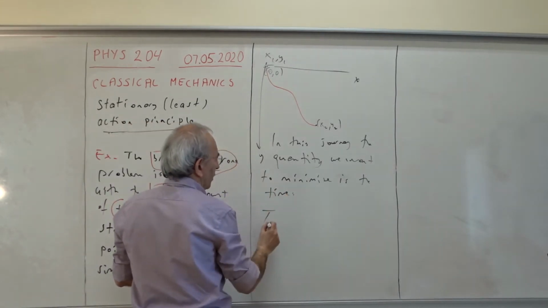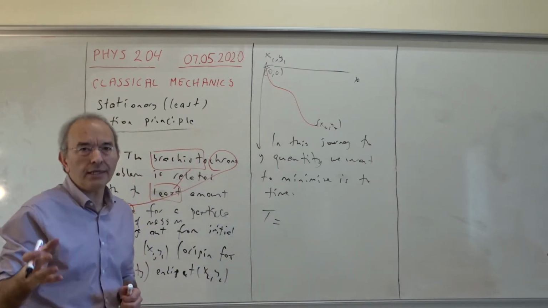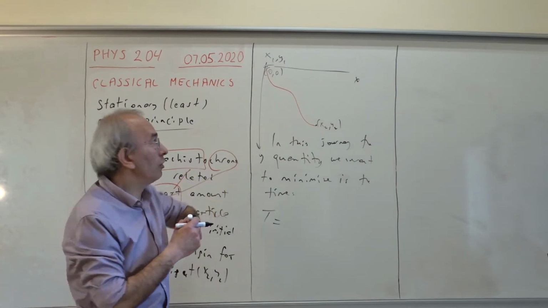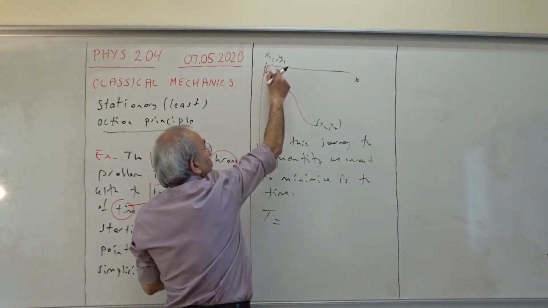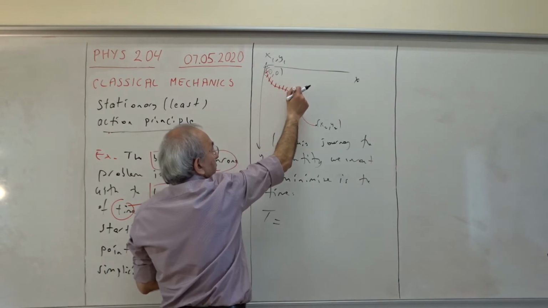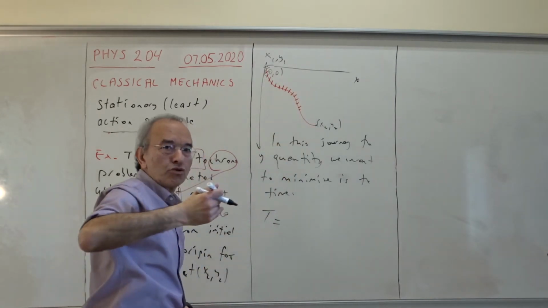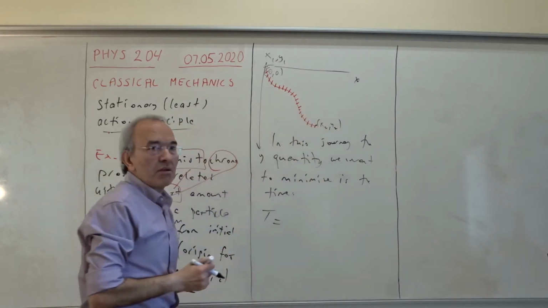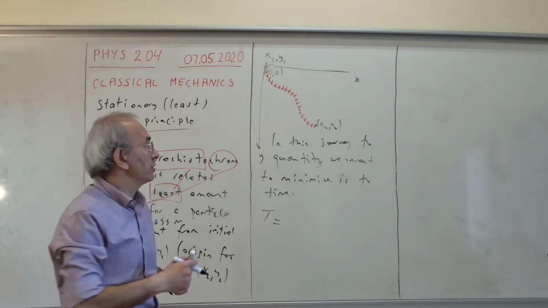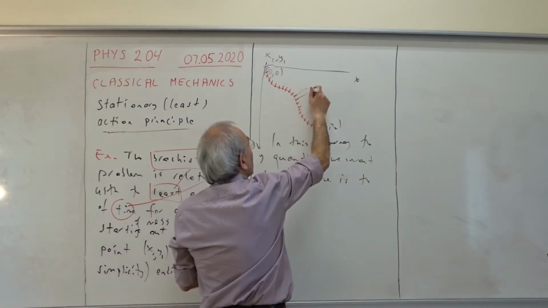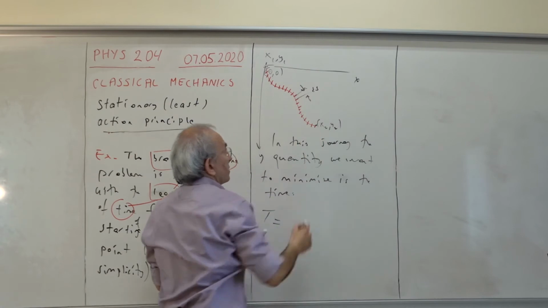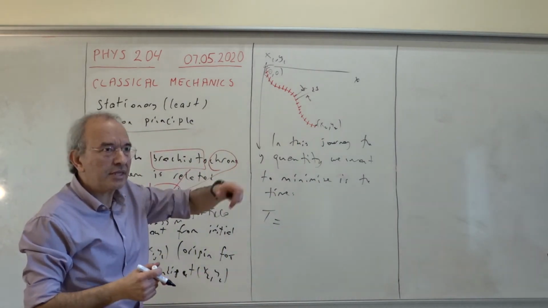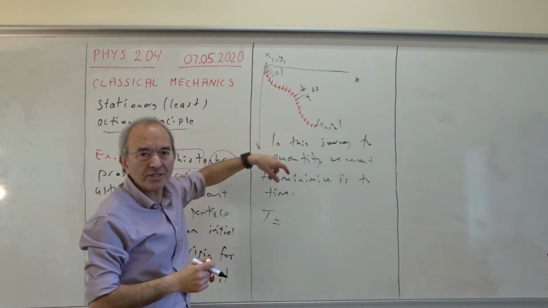What is that time? That time is found by an integral. If this is the curve it has to follow, you can divide this curve into maybe 1 million short intervals, like a stroboscopic process. Each interval is ds, the path length. This is little ds, not capital S for the action.